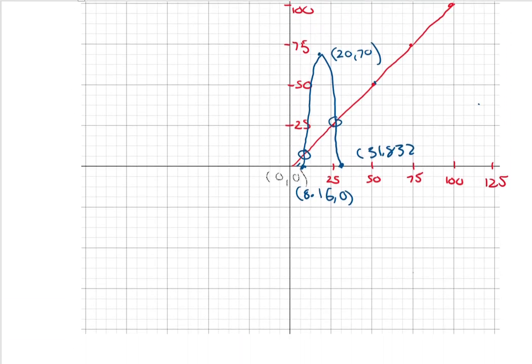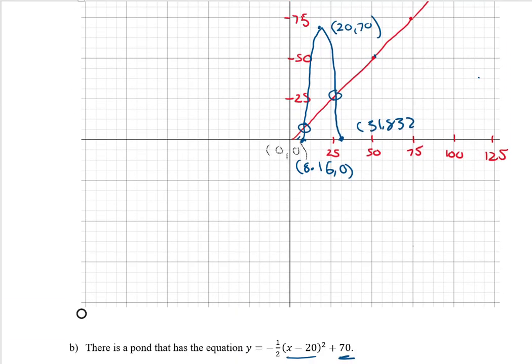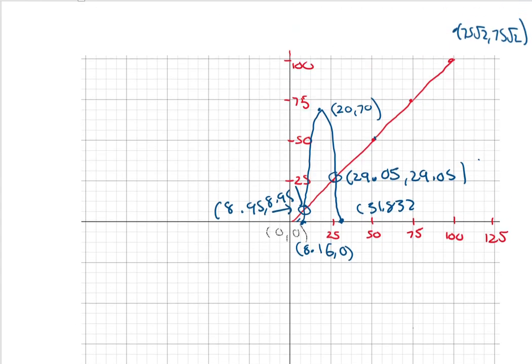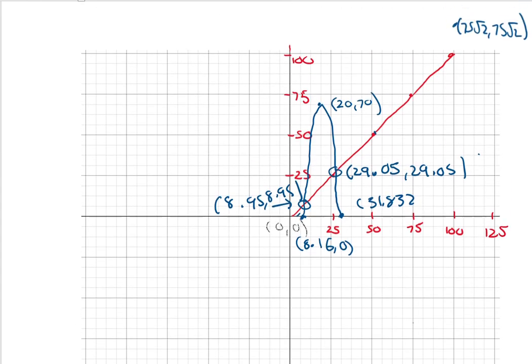So if I go back to this, you need to make sure that you have labeled that on here. 29.05, and 29.05. And my other one was 8.95, 8.95. So we've got all of our points there.